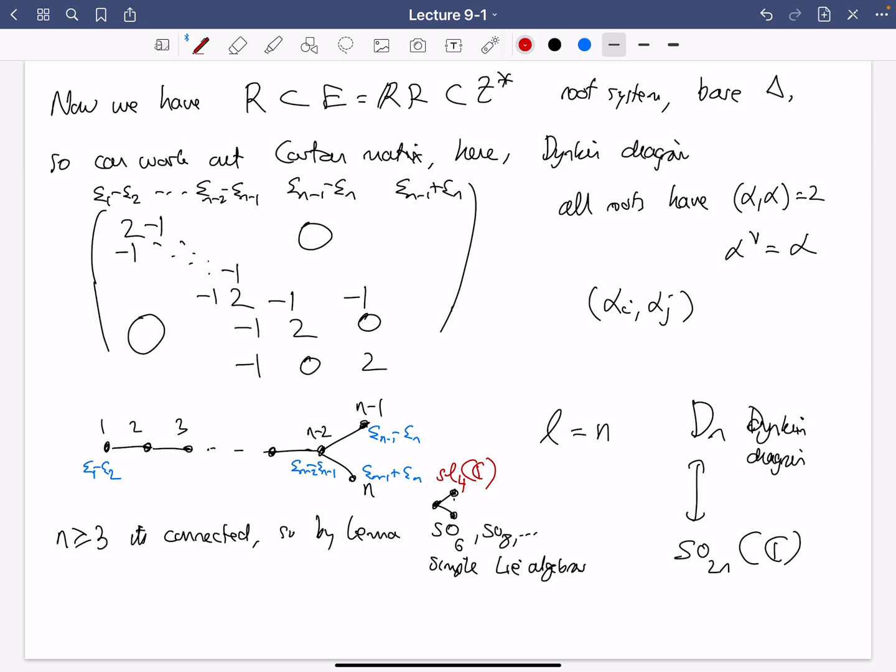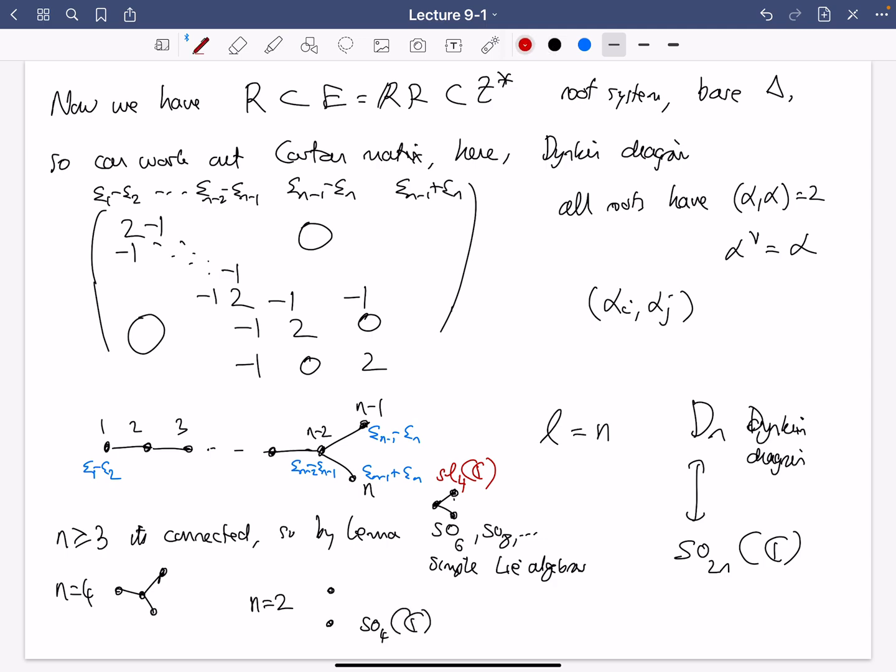So you normally start at n equals 4 when you're doing this family, so that you actually have this Dynkin diagram for D4, that's SO8. It makes sense when n is 2. It's totally good when n is 2, but the Dynkin diagram is just 2 separate dots. In that case, this would be SO4.